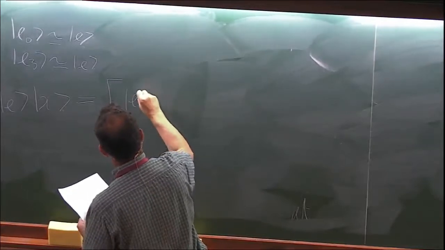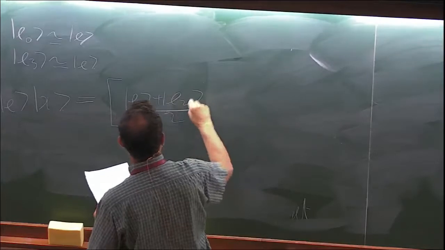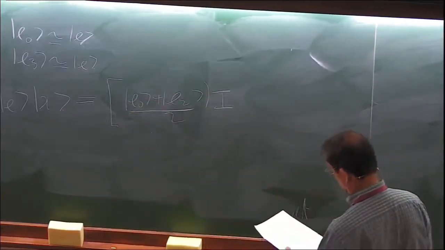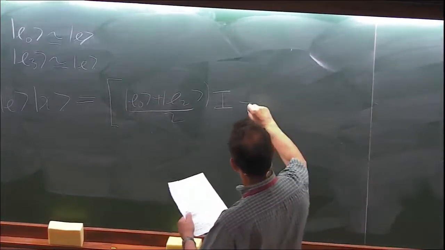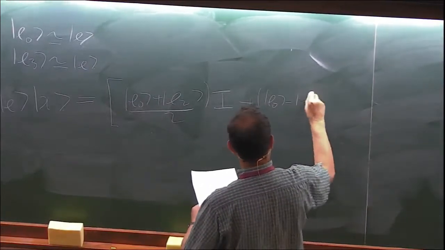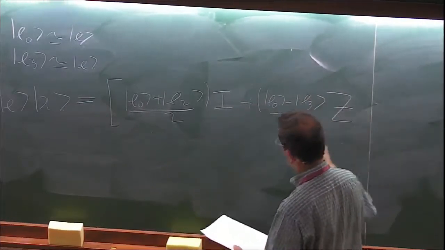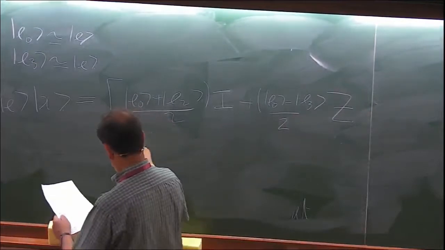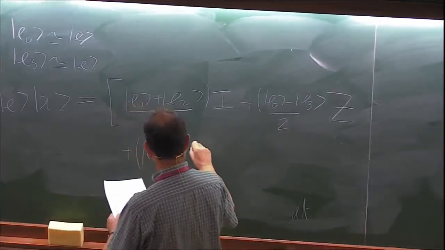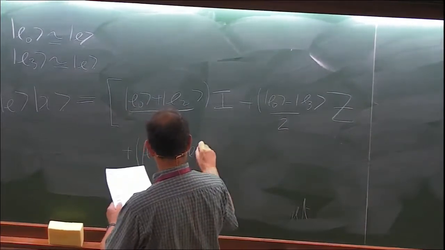So E0 plus E2 over 2 times the identity. All this is going to act on the state of the qubit, plus E0 minus E3 times the Z operator, plus E2 minus E1.